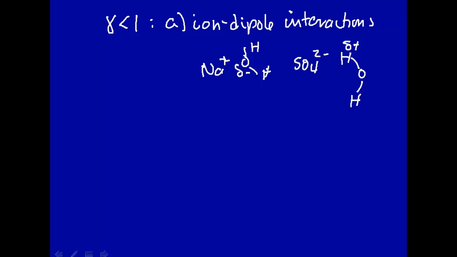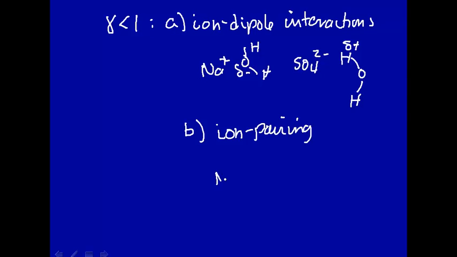So what this does is it takes out of solution some of the sodium ions. The sodium ions now are bound up by water, and so they're not as active as you expect them to be, and therefore the activity coefficient will be less than 1. And the second reason why the activity coefficient would be less than 1 for ions in water is a phenomenon called ion pairing.